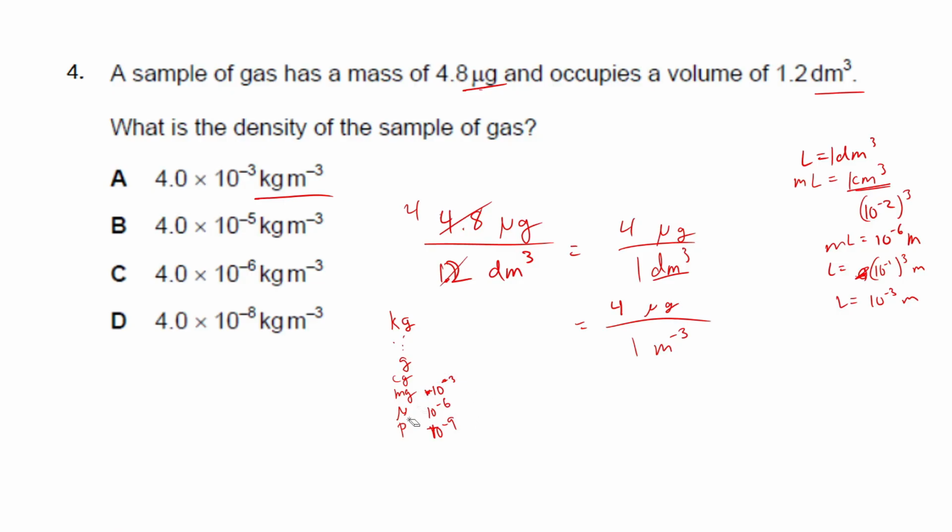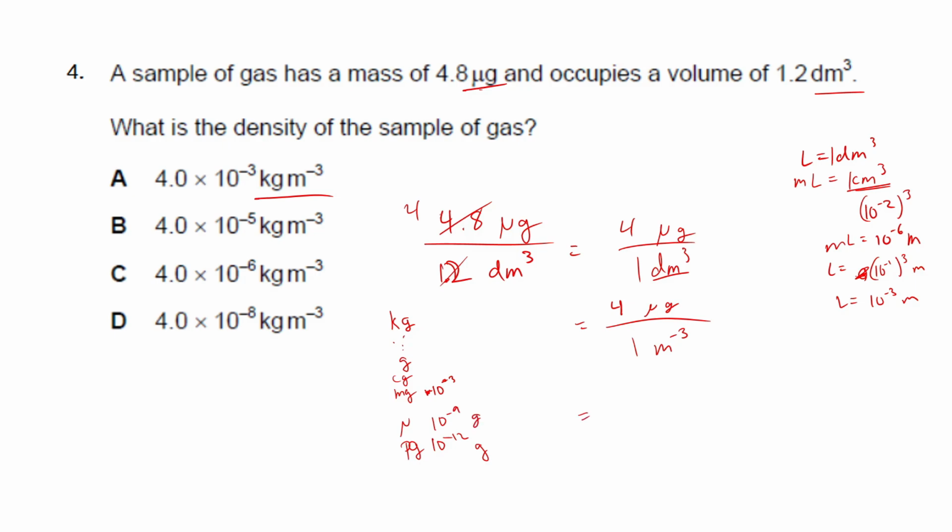Actually, I think I lied. It turns out that pico is actually 10 to the negative 12, I believe. Yes, because pico is definitely the smallest of the smallest ones. Picograms is going to be 10 to the negative 12, and I believe mu is right next to it, so it's 10 to the negative 9 grams.